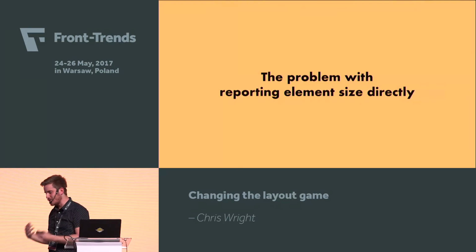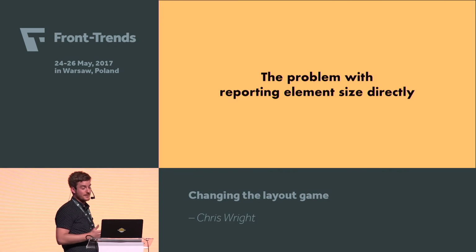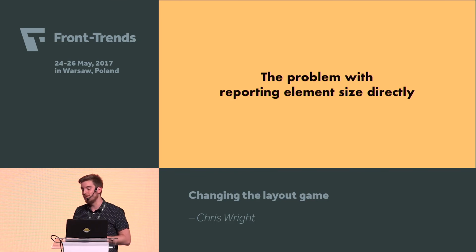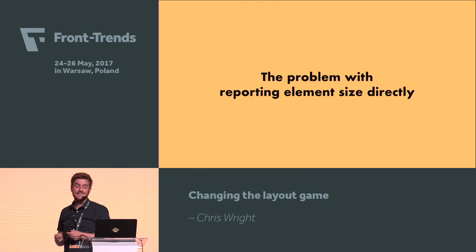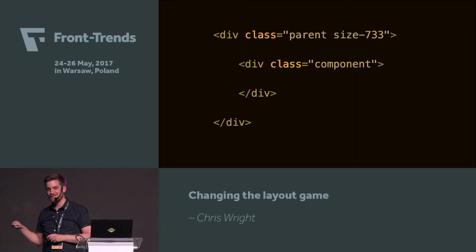Now, I tried a lot of experimentation with Resize Observer, and I encourage you to do the same. The problem with reporting element size directly to CSS is that CSS is very specific. If I put a class on something that is its element size, at size 733, can you imagine how many classes I would have to write to manage how this works across different sizes?